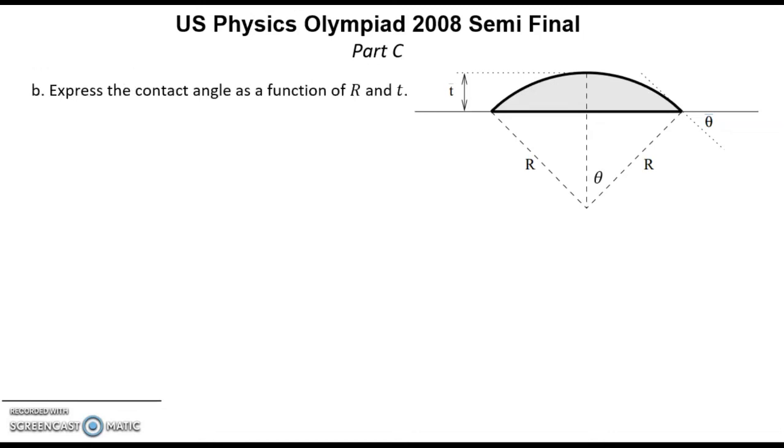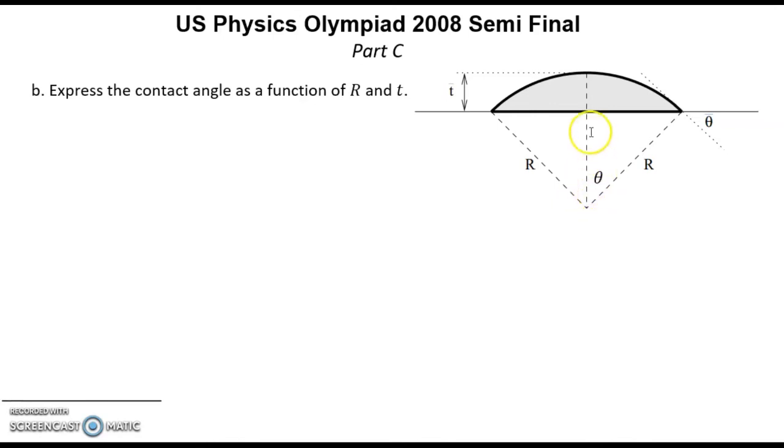B. Express the contact angle as a function of radius r and the thickness t. Answer. From geometry we see that this angle theta equals this angle theta because of perpendicular sides for both.